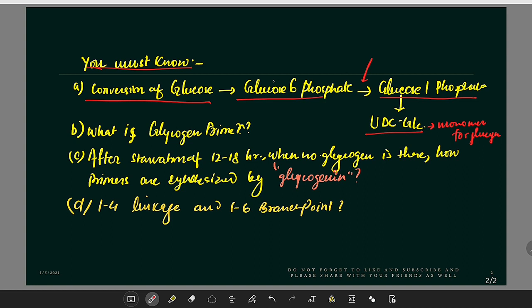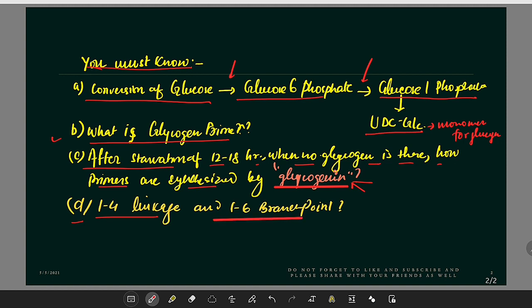And you must know the different enzymes involved. Second, what are glycogen primers and what is their importance? Third, after starvation of 12 to 18 hours, when no glycogen or primer is there, how are primers synthesized by glycogenin? What is its importance? Fourth, what are 1,4 linkage and 1,6 branch point linkage.